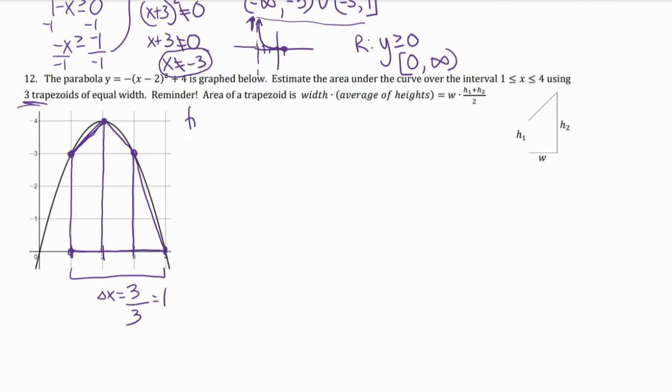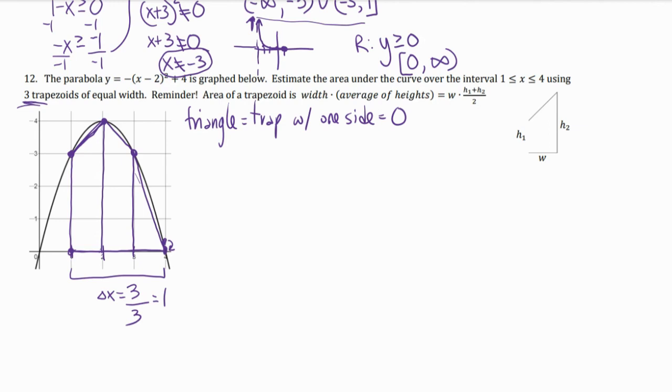A triangle is a trapezoid with one side equal to 0. So I want you to think of triangles as trapezoids where one of the heights is equal to 0, and that's okay. Even though it doesn't look like a trapezoid, if I went just a tiny bit above, it would be a trapezoid, but I'm going down to the x-axis here, so it's just a triangle.